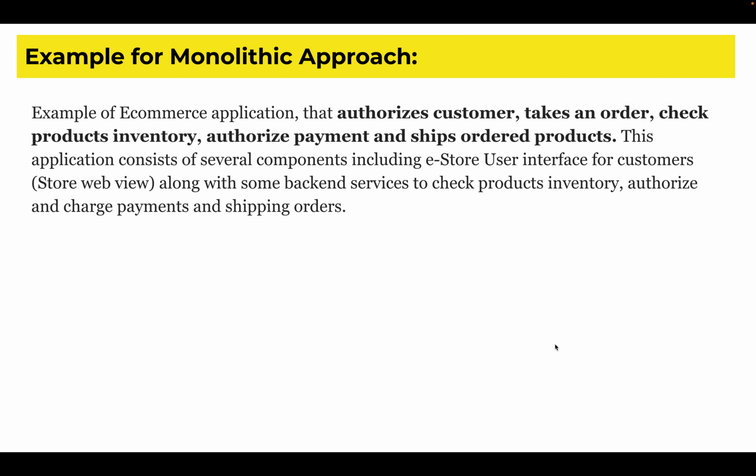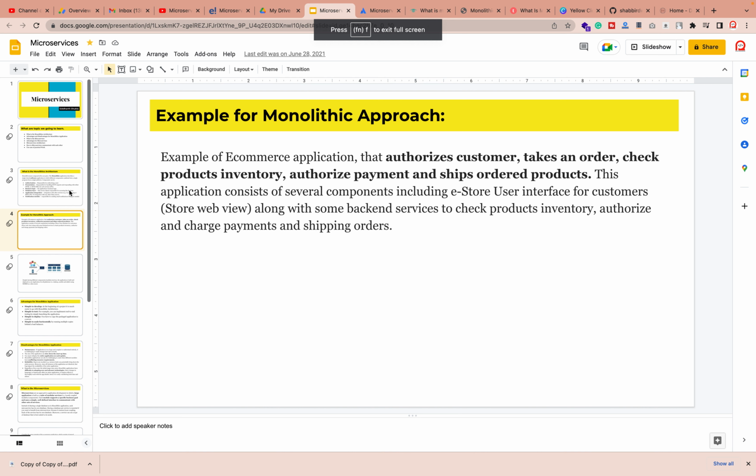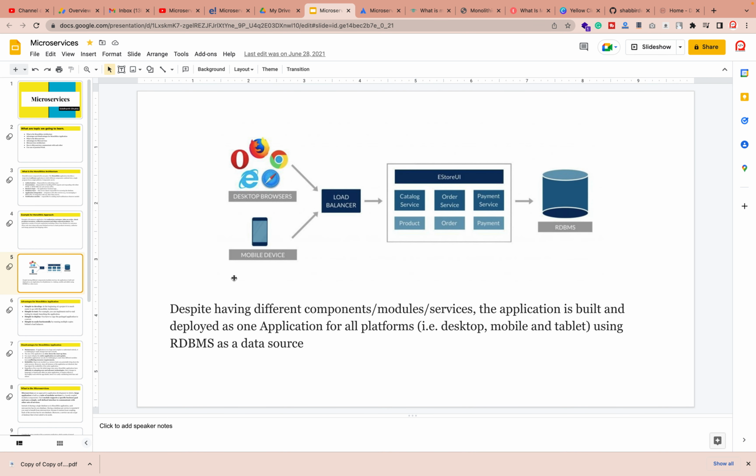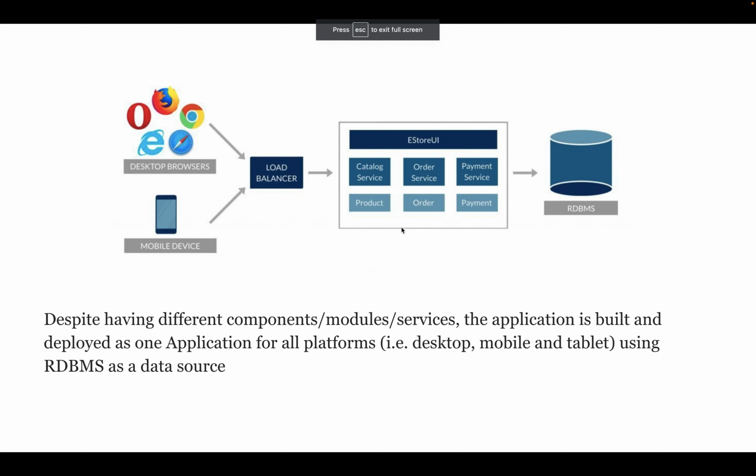So here, once again, we have discussed all the monolithic approaches, and here you can see the different component services built in one application. This is one application, right? So everything is written here. Here we have the load balancer.